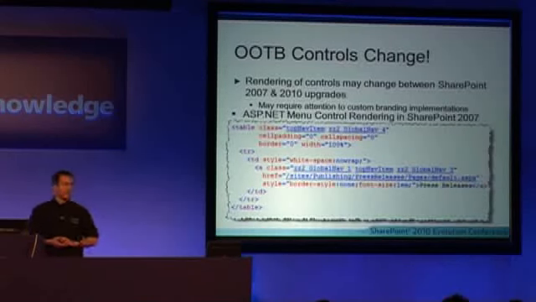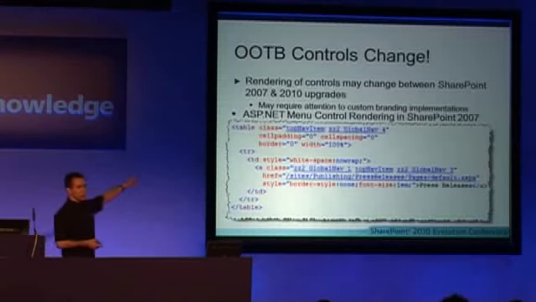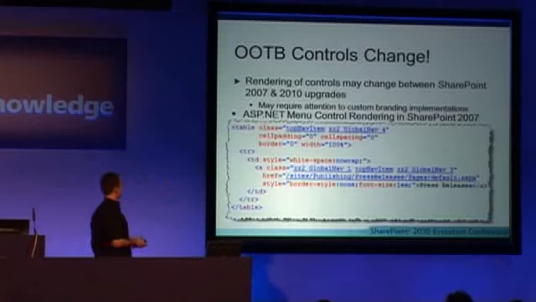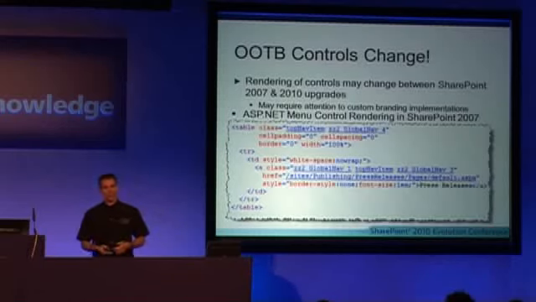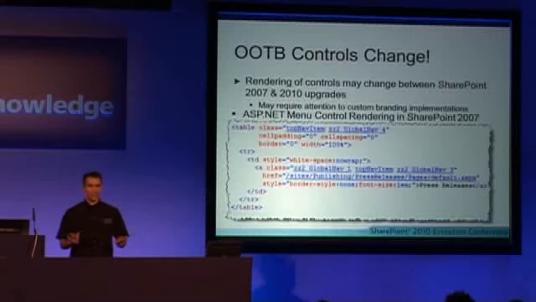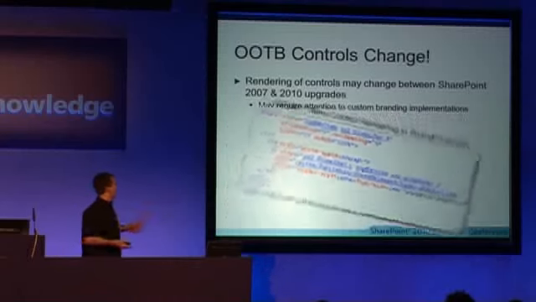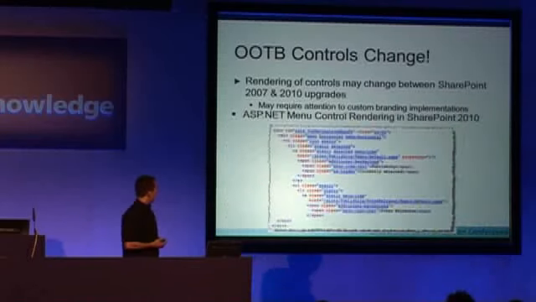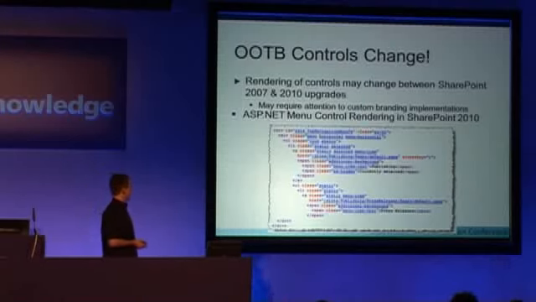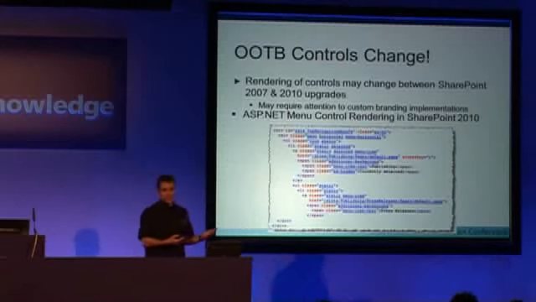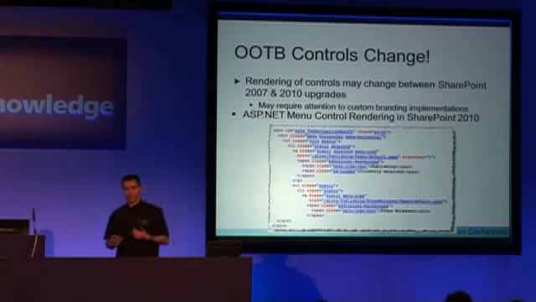So consider for a minute the output from the old navigation control. What you see is that it's using HTML tables. This was a bad thing because it isn't tabular data. The accessibility guidelines say that HTML tables should, for the most part, be used for tabular data. Navigation doesn't fit into that category. The new markup, you have to set a particular mode on the control to get this, is with divs and unordered lists and list items.